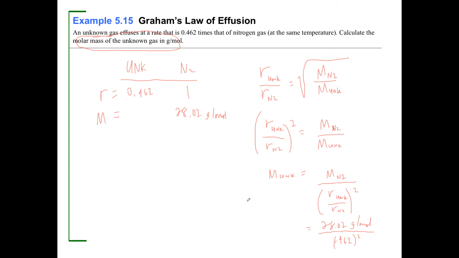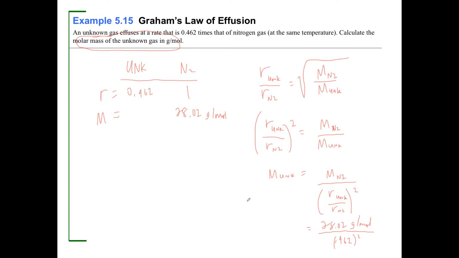You can see how this is one way to find out what a gas is. So 0.462 squared, inverse, times 28.